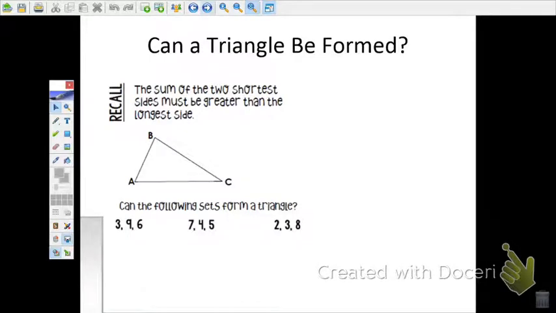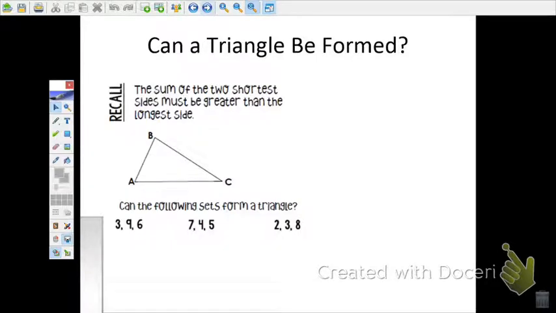So if you're at that flap that says, can a triangle be formed? This is something that we talked about earlier in that first section, so that 5-6. Okay? So remember, again, for it to be a triangle, we know the sum of the two shortest sides must be greater than the longest side.